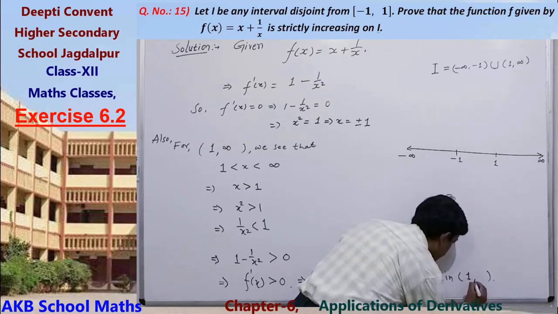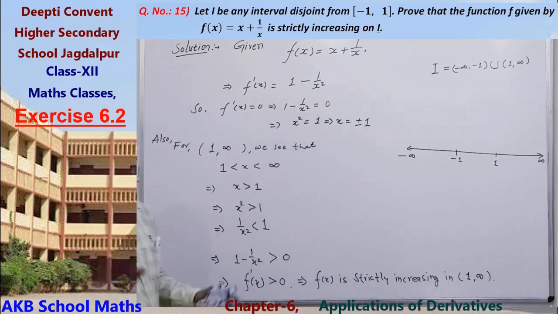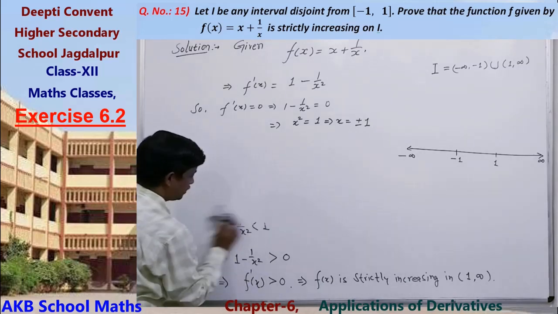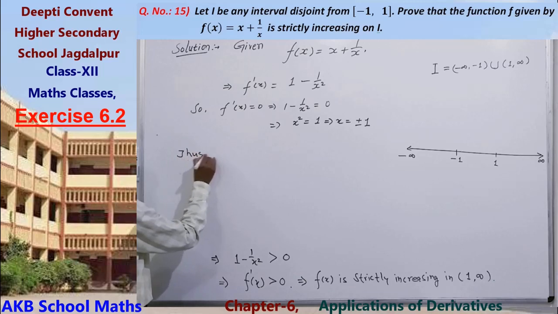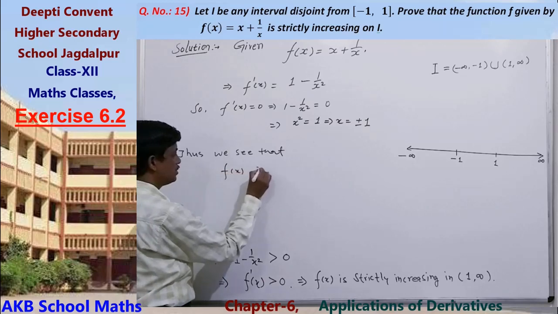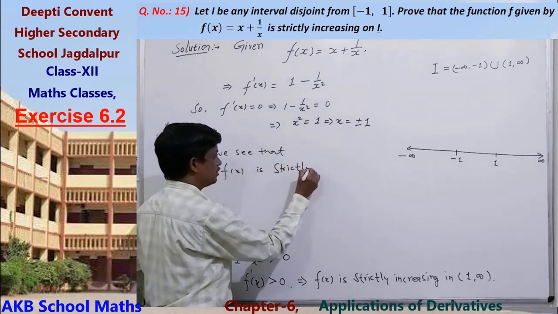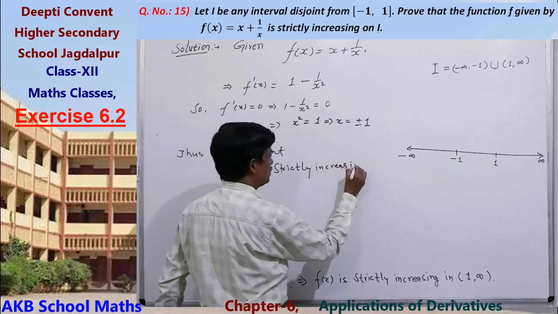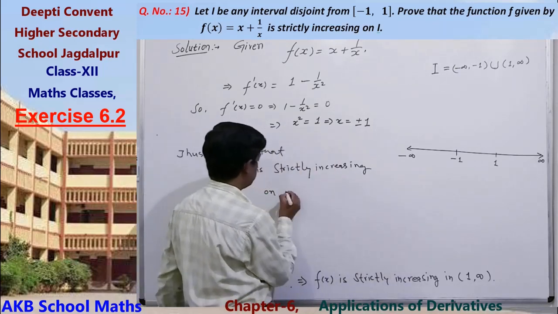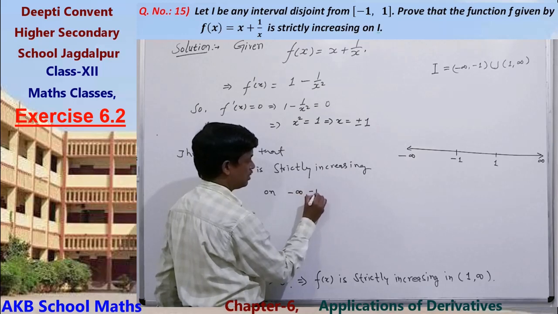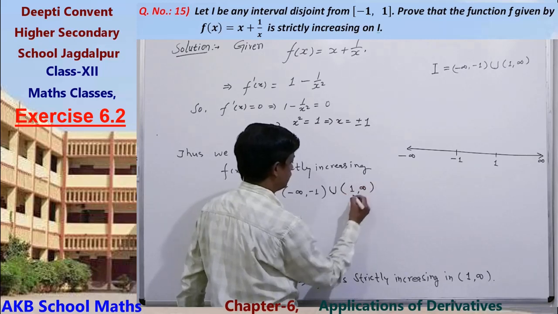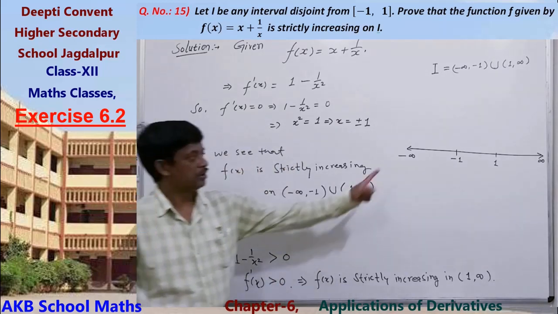Thus we see that f(x) is strictly increasing on both intervals, minus infinity to minus 1 union 1 to infinity, which is disjoint from minus 1 to 1.